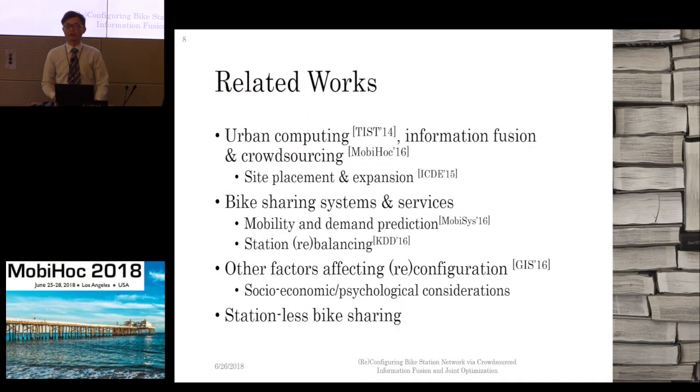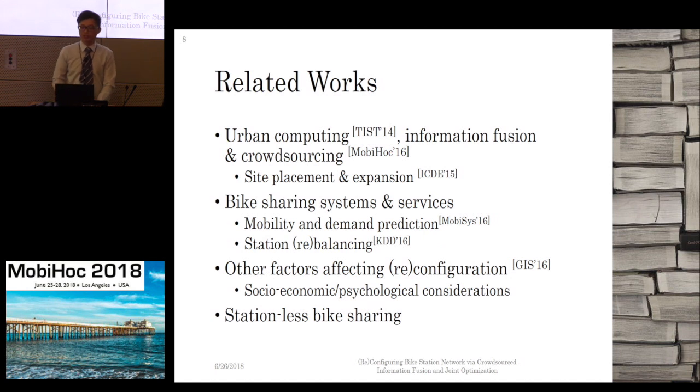There are several related works here. Basically, urban computing, information fusion, and crowdsourcing. Powered by those techniques, recently there are a lot of intelligent transportation problems revisited, including bike sharing.